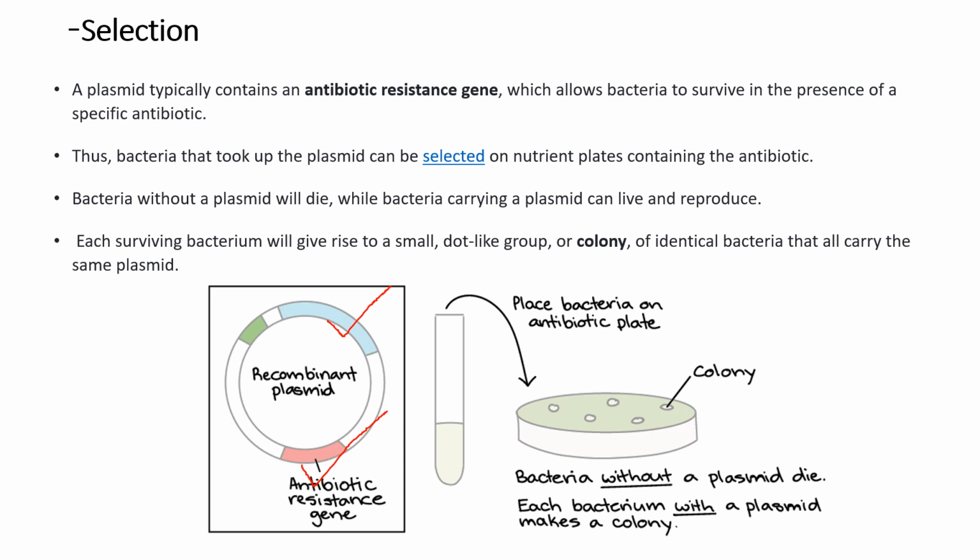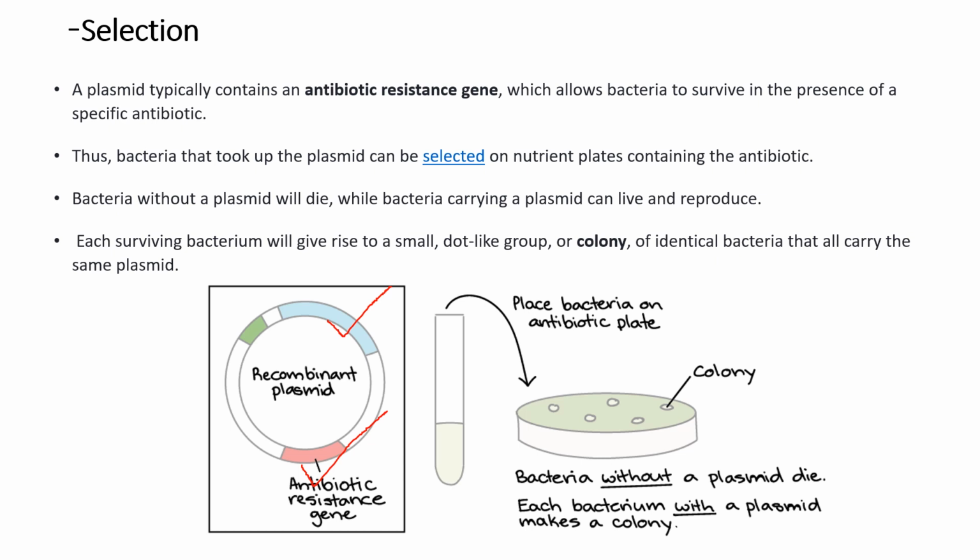when they are cultured, an antibiotic is added to this colony, for example. So what is a colony? Remember in the previous slide, there was bacteria that took up our recombinant plasmid, and bacteria that did not.